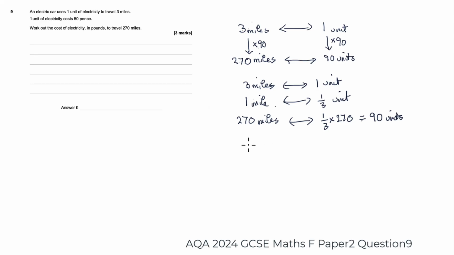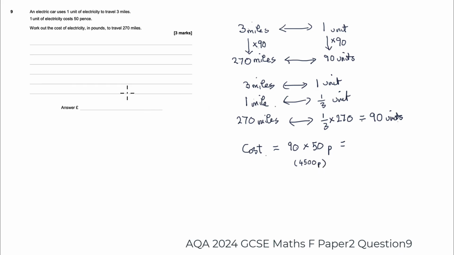So what's the cost? Well, we know 1 unit costs 50 pence, so 90 units will be 90 lots of 50 pence. Now on your calculator, when you go 90 times 50, you'll end up with 4,500, and that's pence.